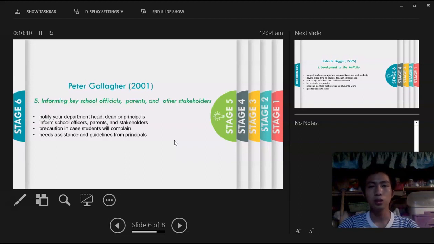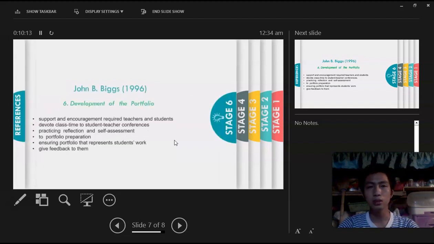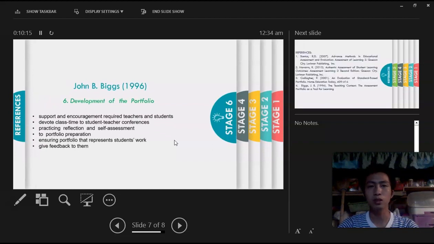Let's move on to the sixth one. According to John B. Biggs, 1996, the sixth one is development of the portfolio. Support and encouragement are required from teacher and students.